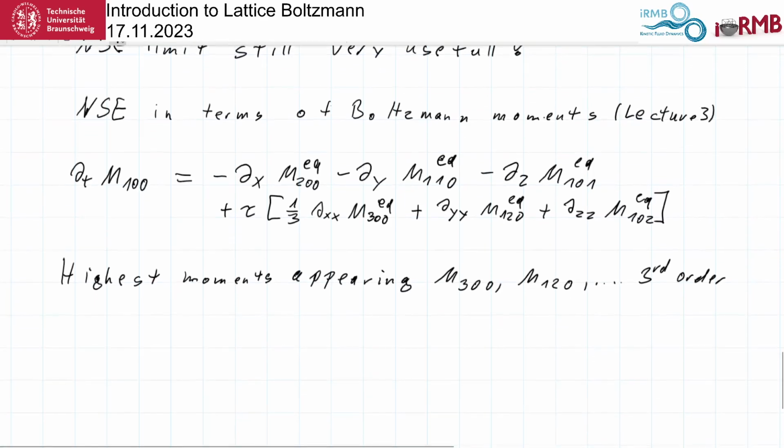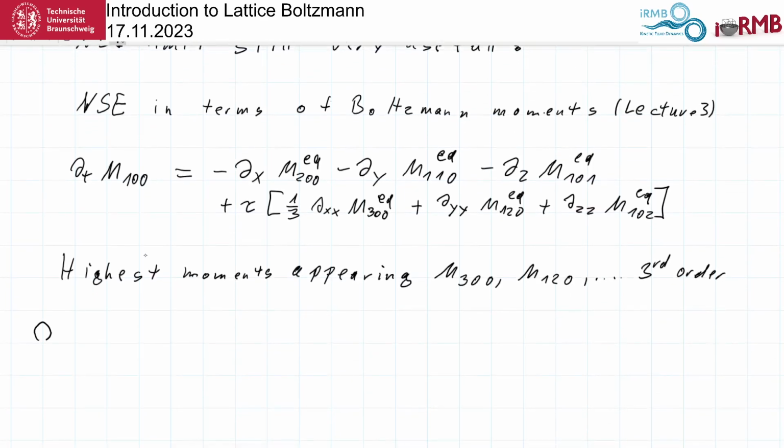Okay, now this means that if we want to solve the Boltzmann transport equation in the Navier-Stokes limit, all that we have to keep is moments up to order 3, not more.